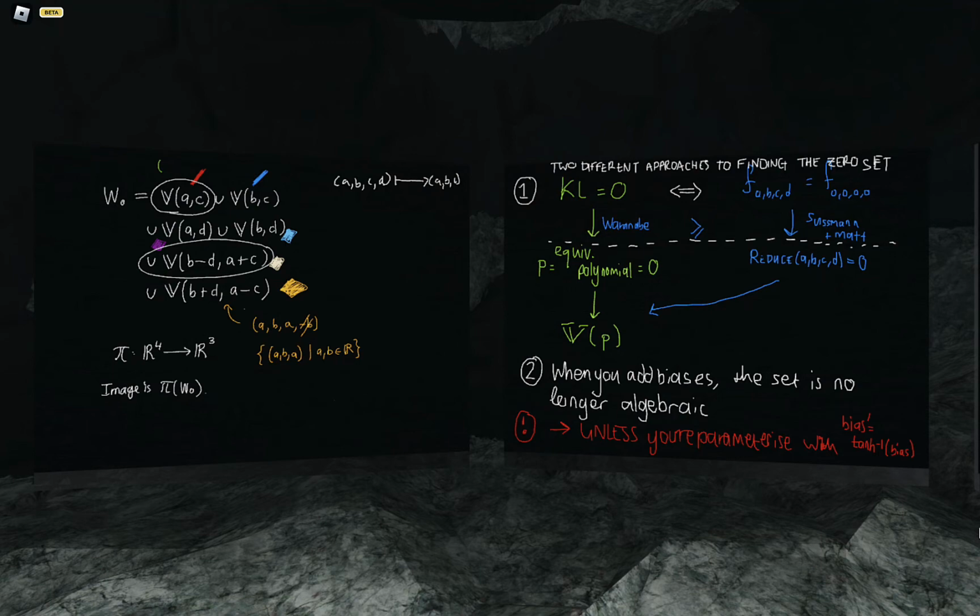Another thing I wanted to say is that just above this dotted line, where I've said that Watanabe's equivalent polynomial trick is a heavier result than Sussman's reducibility conditions. Sussman's reducibility conditions are a pretty significant mathematical result, and there's some work in the literature generalizing them to multi-layer networks, ReLU networks, and I don't think I would be able to come up with this, whereas I've been able to come up with the things in my thesis.